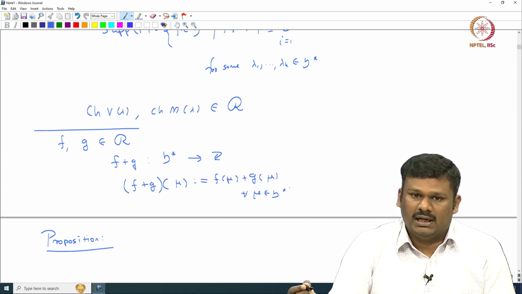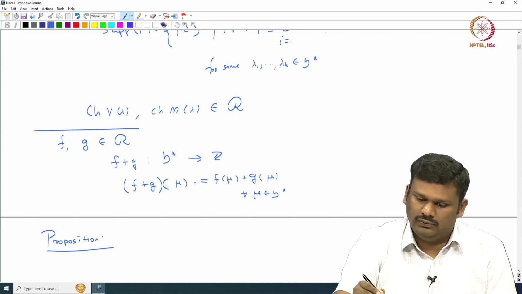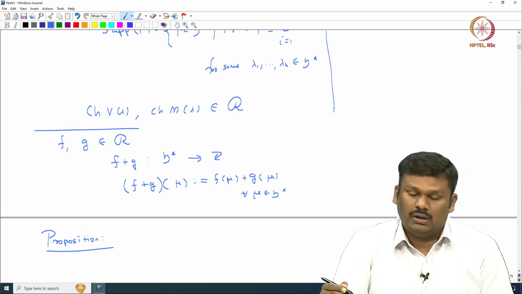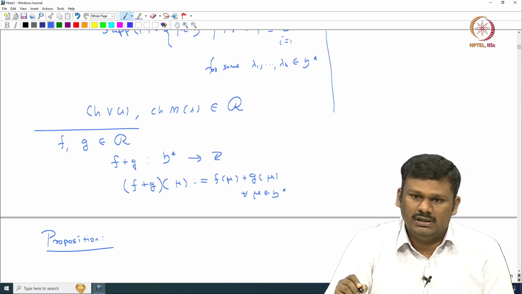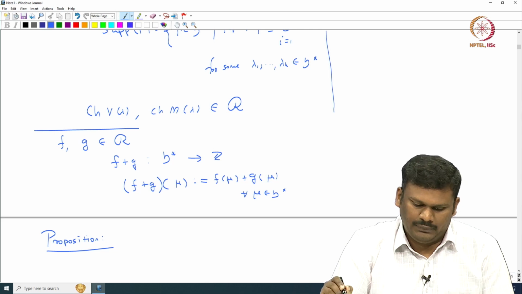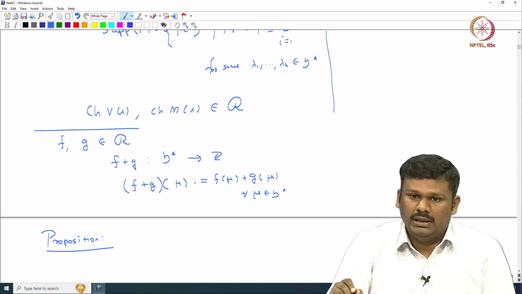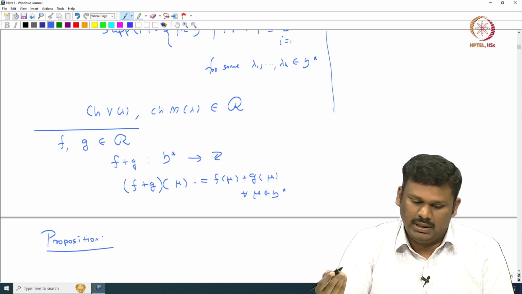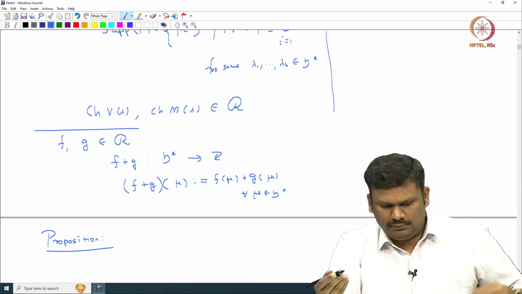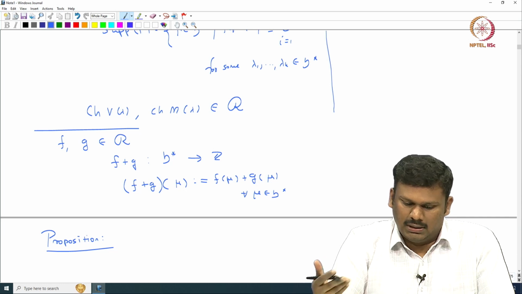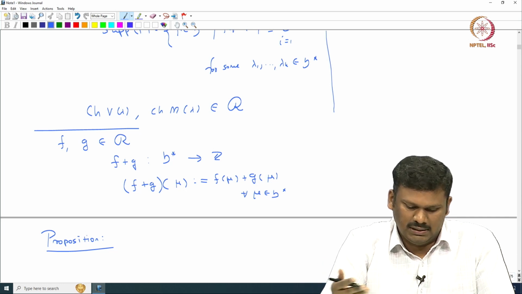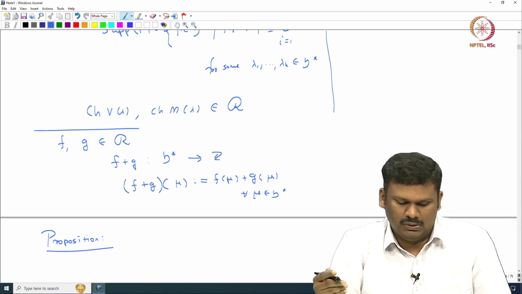So, this defines the addition of these two characters. We are going to call any element of this ring a character. They are indeed virtual characters, so they may not actually be characters of some representations. We will see how one can interpret all those things.